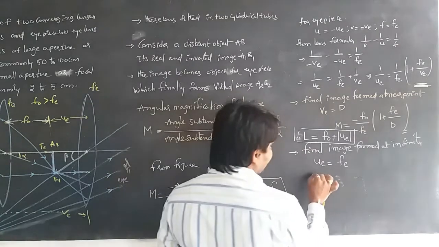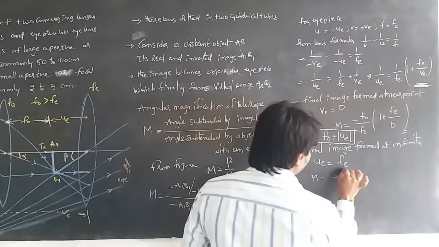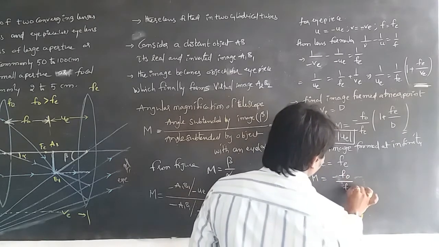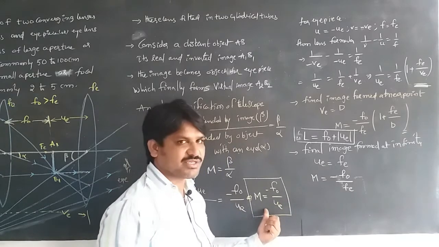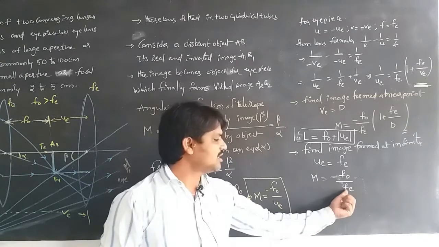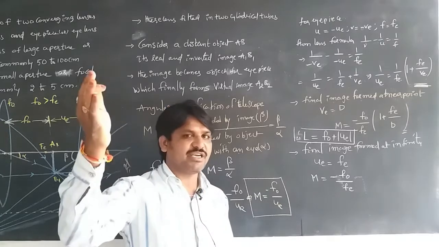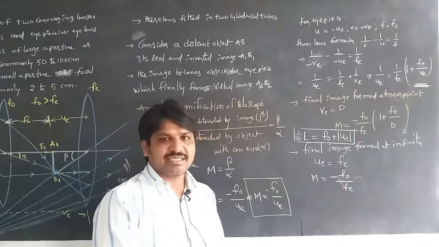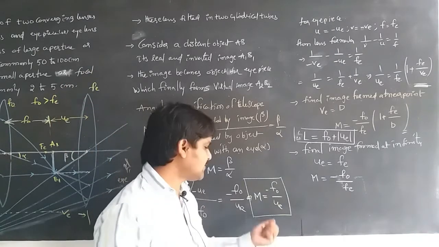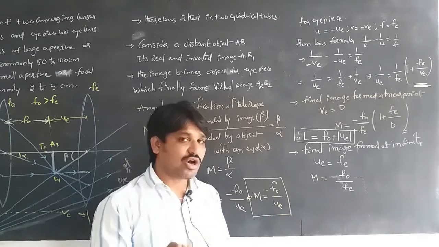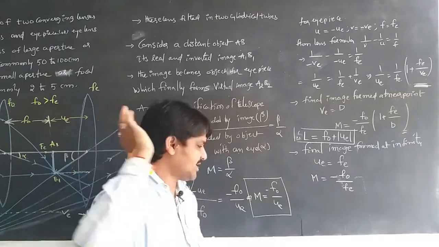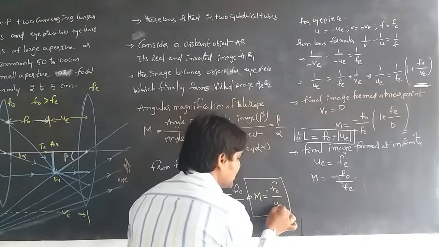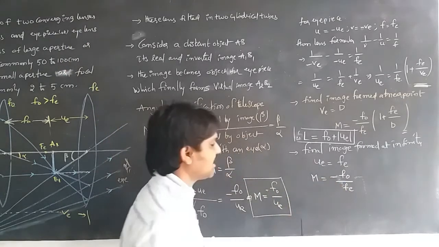Then the magnification M is equal to minus FO by FE, from the equation minus FO by UE, where UE is equal to FE, because when the image is at infinity, the object must be placed at focus. Substituting, we get minus FO by FE.